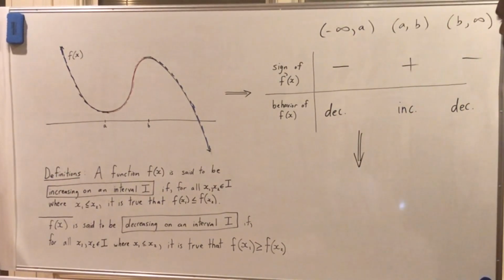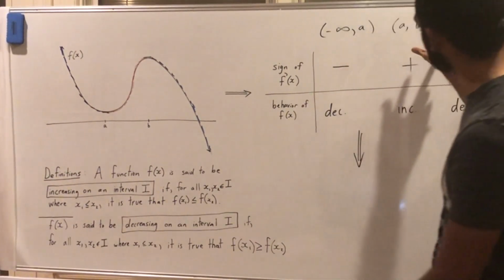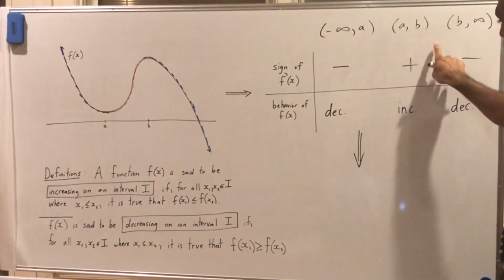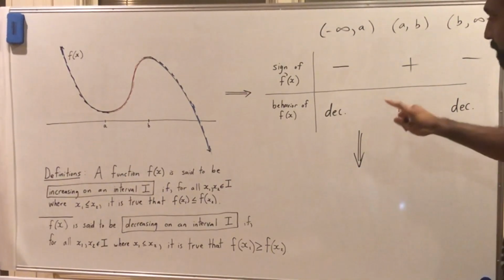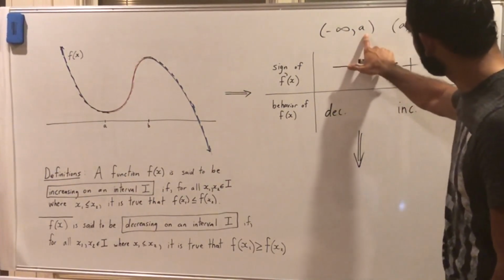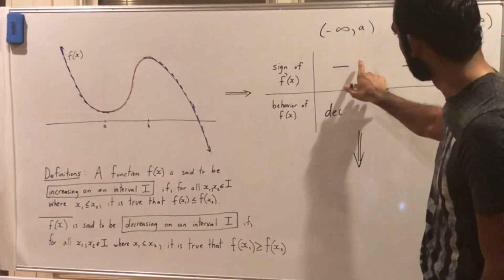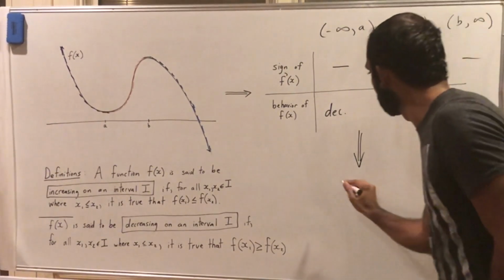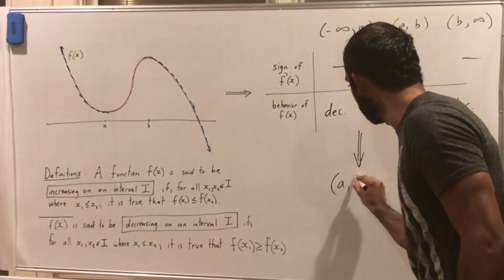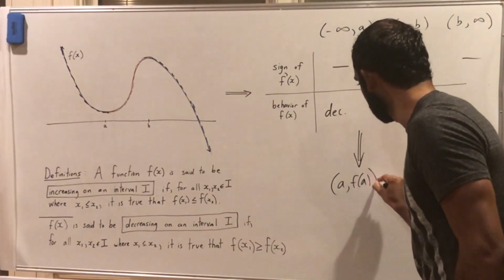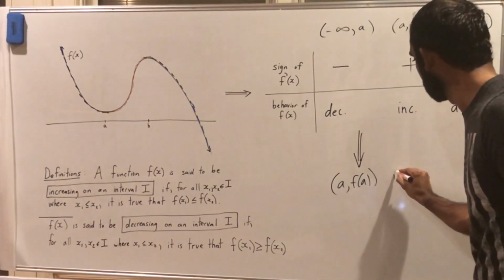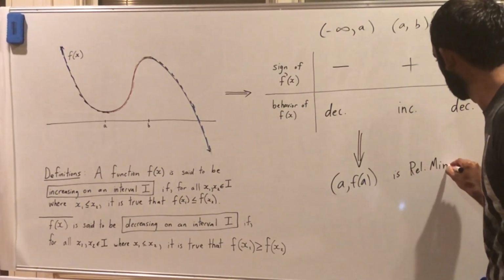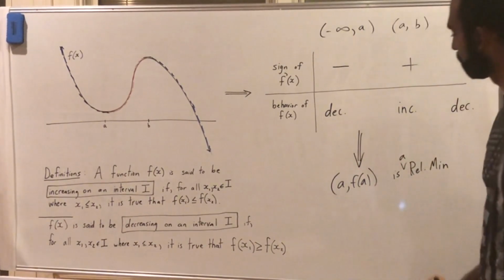And so we can determine that if you just knew this chart, if you didn't have a picture and just had this information in front of you, you can say immediately that because the slope immediately to the left of A is negative, and the slope immediately to the right of A is positive, f of A is what kind of extreme? A relative minimum.